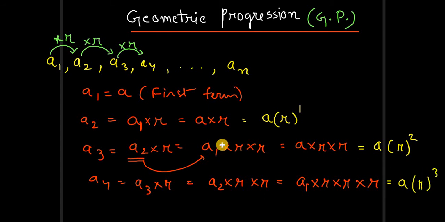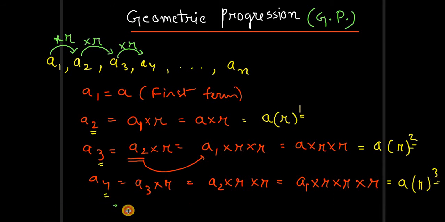Now we can see certain patterns. Here we have a2 and just 1 as the power of r. Here we have a3 and the power is 2. Here we have a4 and the power is 3. So we can generalize this.